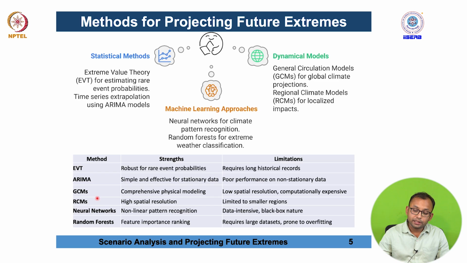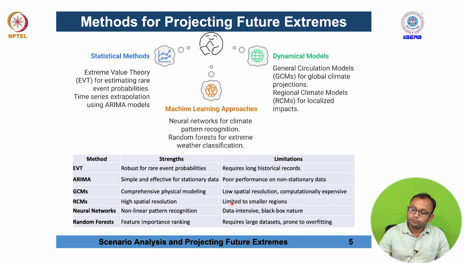Then there are GCMs and RCMs, the dynamical models, which require comprehensive physical modeling with high spatial resolutions as well, and therefore they can be computationally expensive. When we are talking about GCMs, the results might be of low spatial resolution. When you are talking about RCMs, they are limited to a smaller or fixed region.